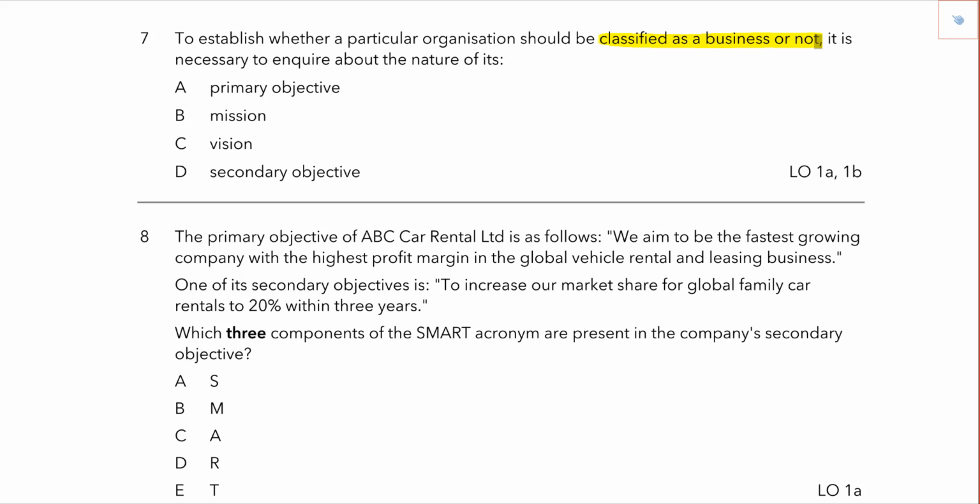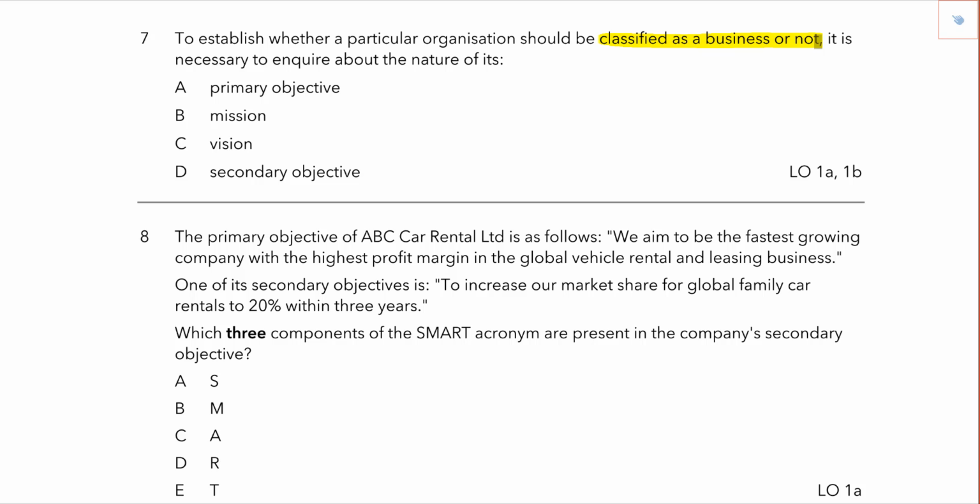Then you've got 4 options listed there, and you have to pick out the one correct option out of those 4. If you pick the correct option, you get your 2 marks. If you pick the incorrect option, you'd get 0 marks.